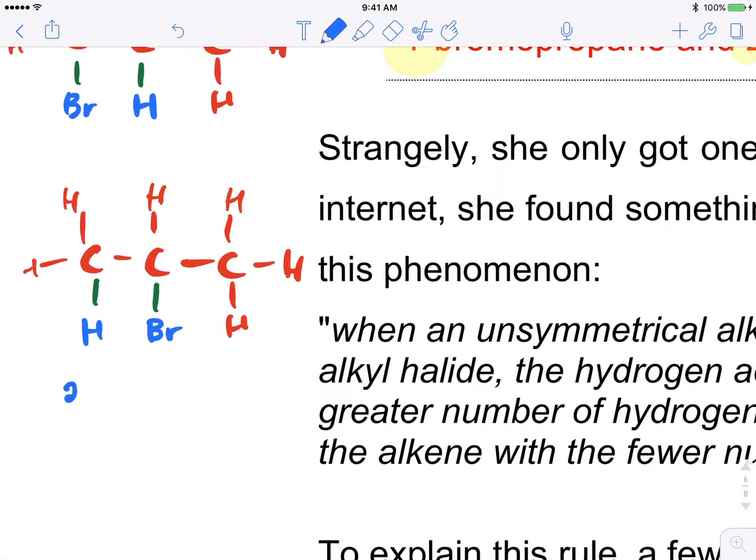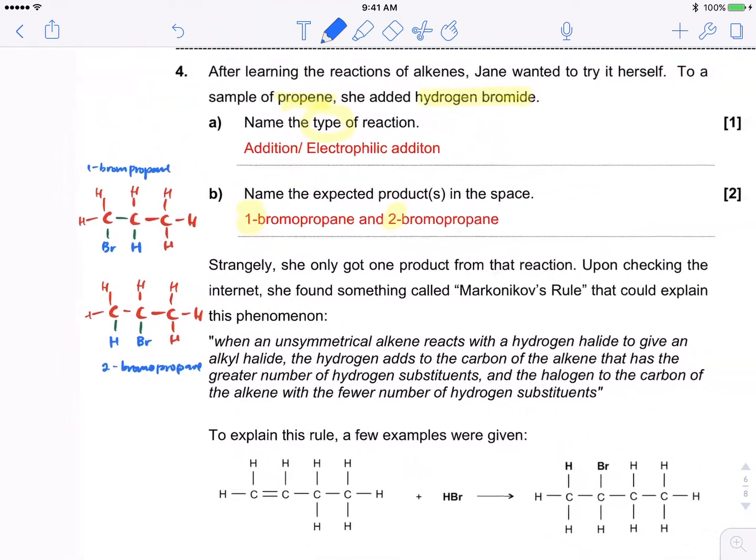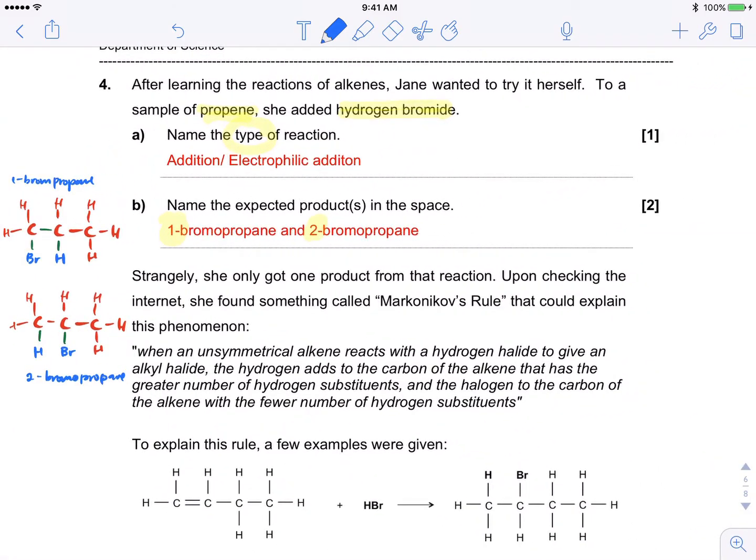Here it is 2-bromopropane. So that's why you should expect these 2 products, 1-bromopropane and 2-bromopropane. Strangely, she only got one product from this reaction. Okay, so which is the product?